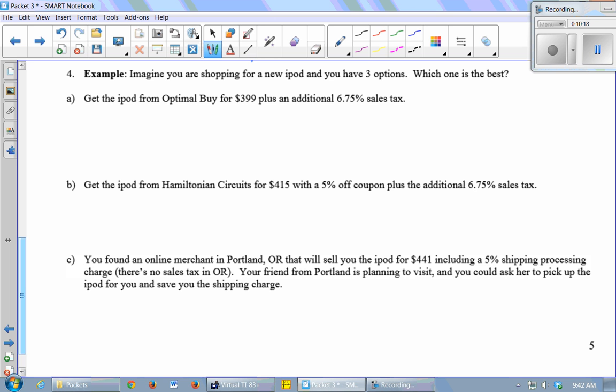It costs $415, but you have a 5% off coupon, but there's still 6.75% sales tax. And then you found an online merchant in Portland, Oregon that will sell you the iPod for $441, and that includes shipping, right? That includes a markup of 5% for shipping.